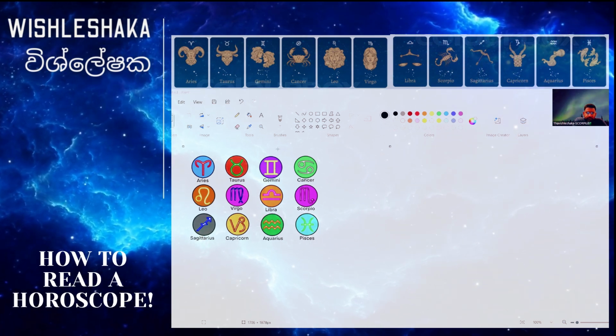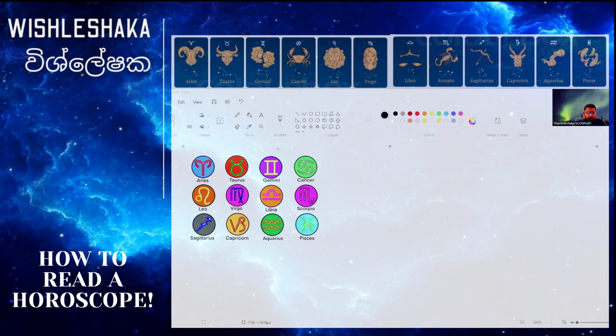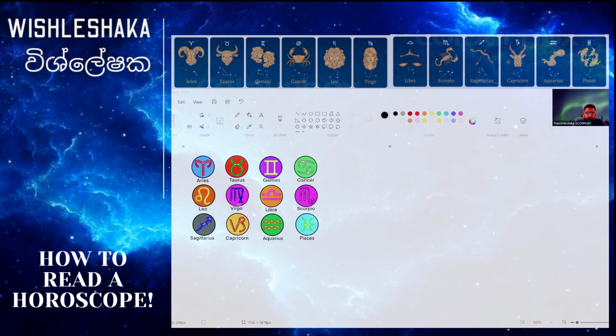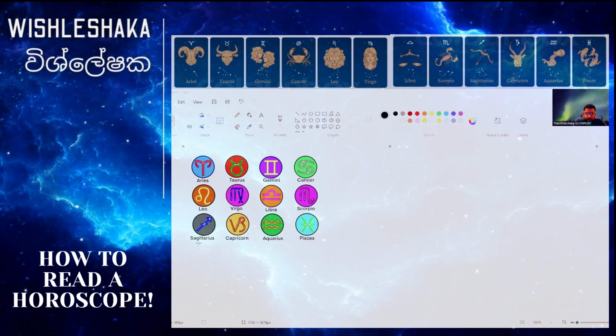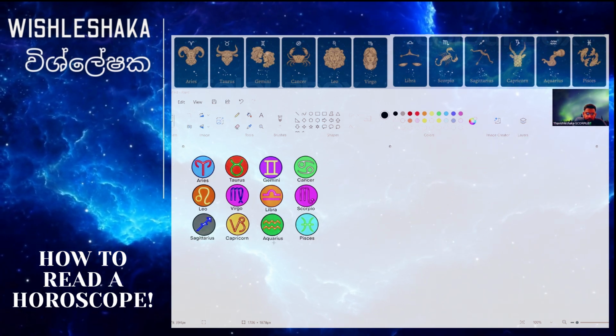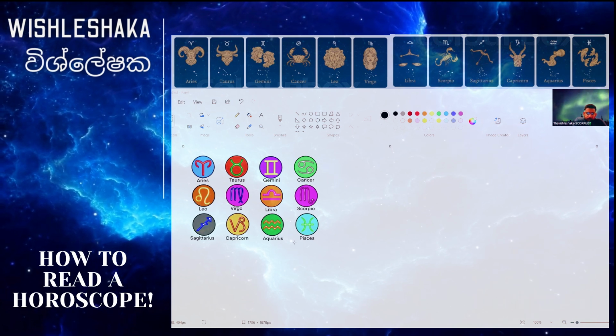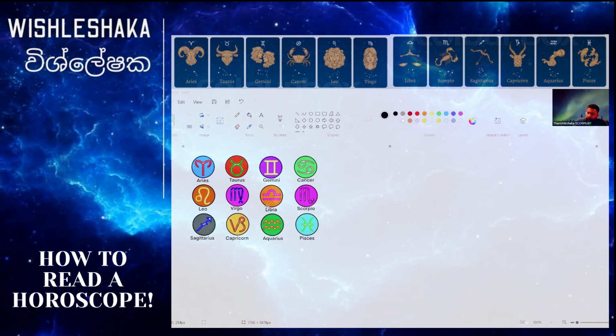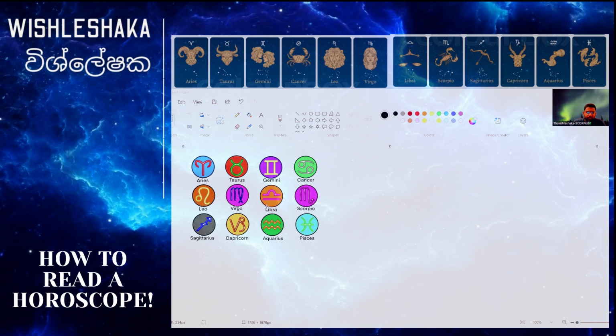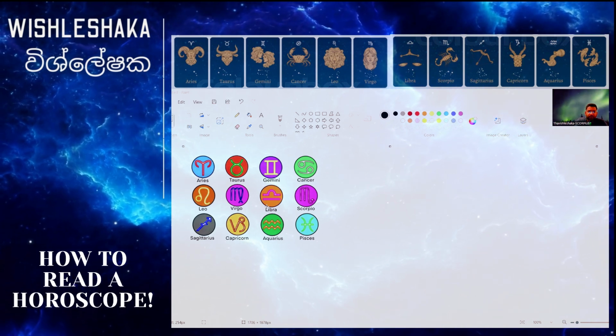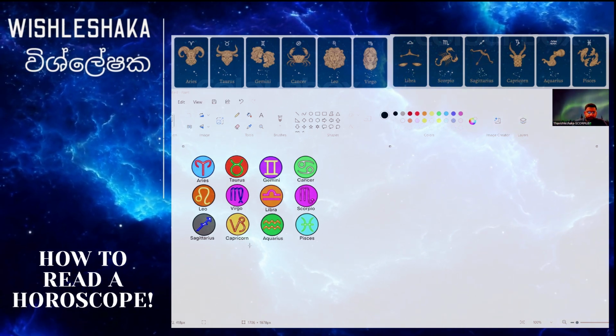This is Aries, right? So you have Aries, Taurus, Gemini, Cancer, Leo, Virgo, Libra, Scorpio, Sagittarius, Capricorn, Aquarius, Pisces. These are in order. There's no Gemini before Aries, right? So these are in order actually.